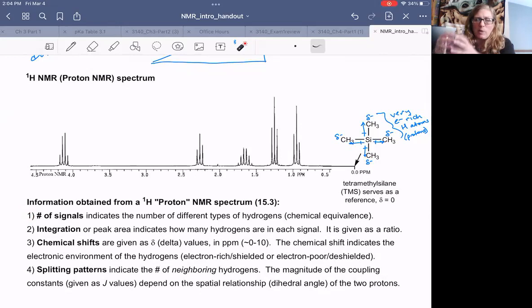We could describe this spin flipping as undergoing a resonance, and it's an important technique that we use not just in the organic chemistry lab, but if you've ever had the pleasure of getting an MRI taken of a body part, if you have an injury of some kind, you're actually undergoing an NMR.